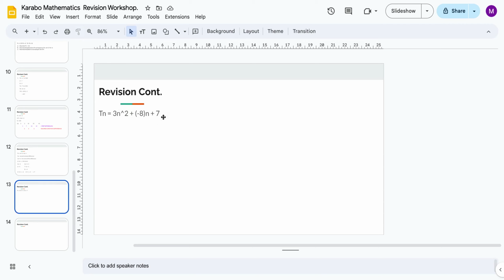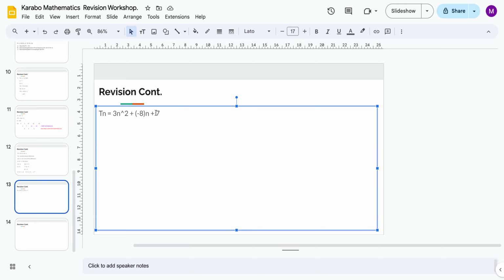Okay, maybe this is easier. So this is our general term, and you're trying to work out what the value of the 20th term is.